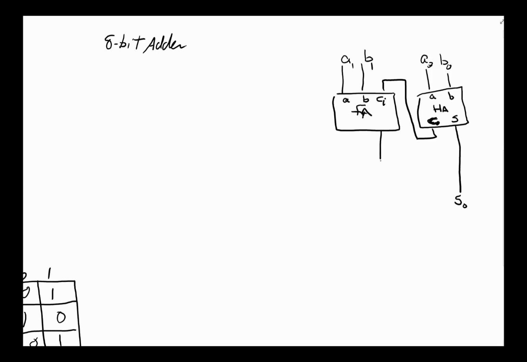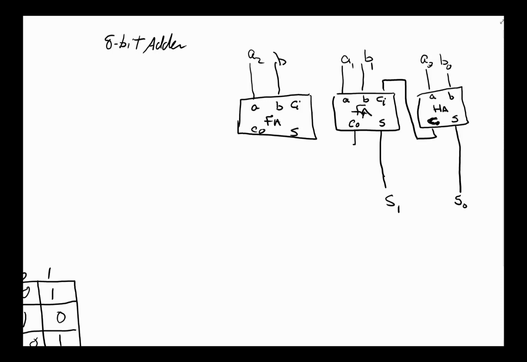That's going to give us the sum 1 from the sum side, and then the carry out from here will come out. Then we're going to have basically carry in, B, A, full adder, sum, carry out. So we've got A2 in here, B2 in here, and then boom, goes here.